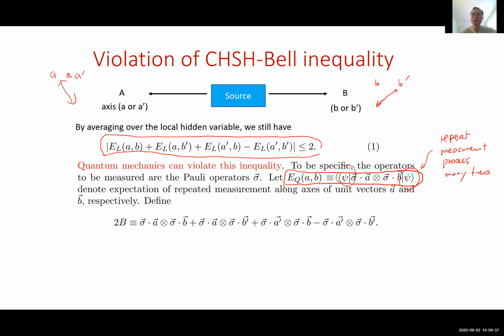This is basically what this observable will give you, and that observable will give you on the B side. You record plus 1 on the left or minus 1 on the right, and you multiply them together. You repeat it many times. From an experimentalist point of view, it's the same whether it's classical or quantum. But in terms of calculation, there is a difference. Here you would use quantum mechanics to evaluate this expectation value.